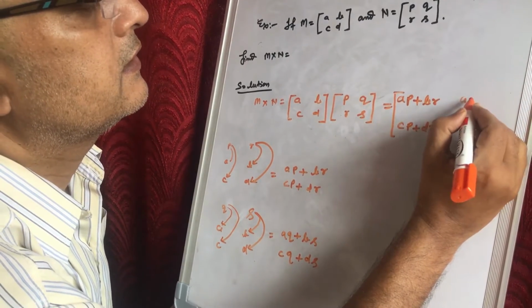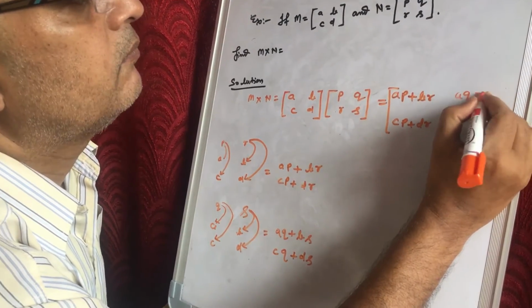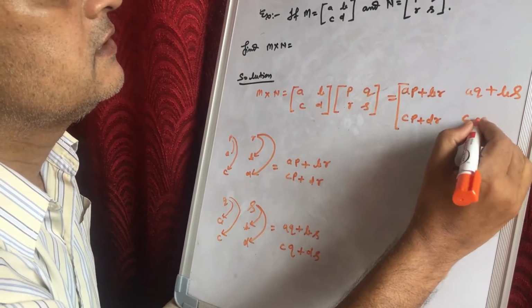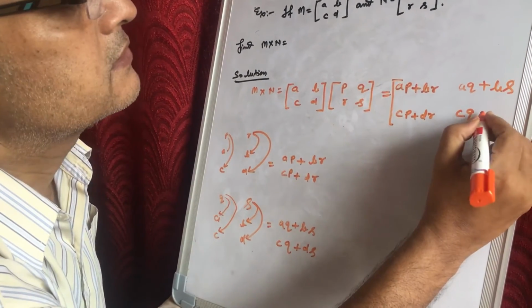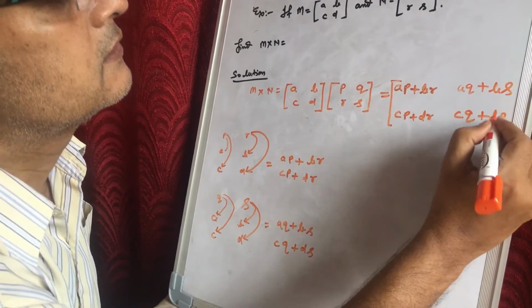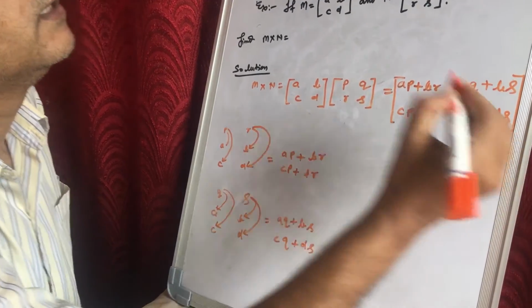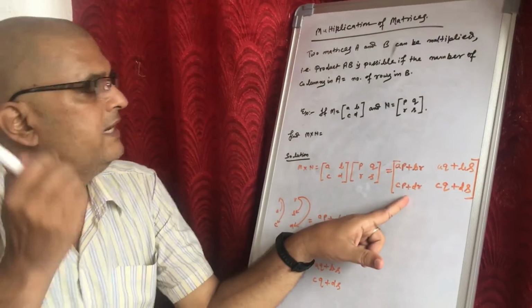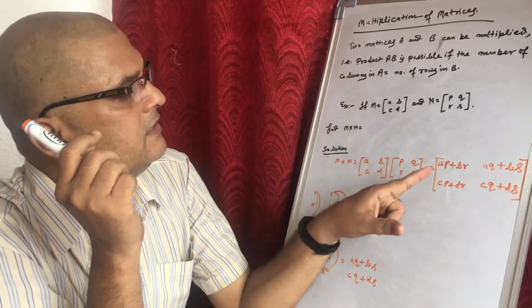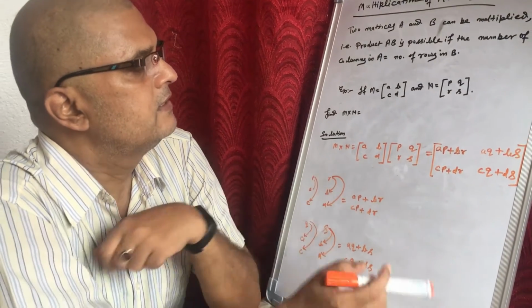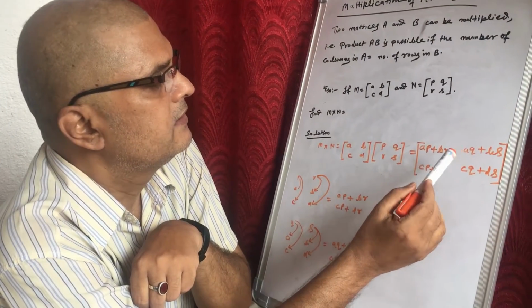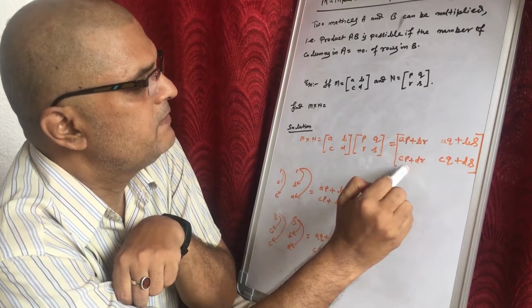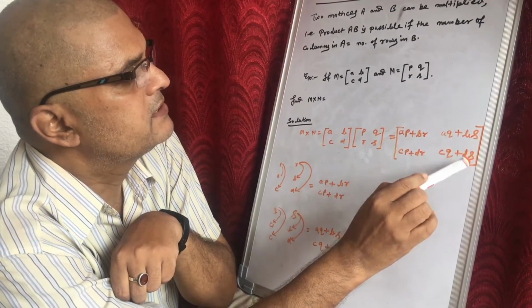Now this is the new matrix after multiplication. Its elements are AP plus BR, AQ plus BS, CP plus DR, CQ plus DS.